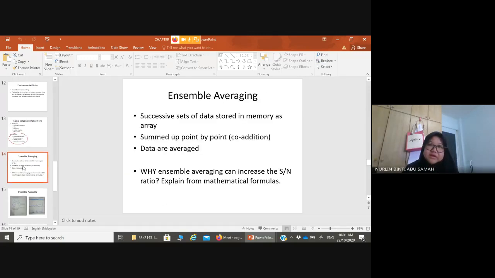For the ensemble averaging, the successive sets of data are stored in memory as an array, and then point by point is summed up and averaged.